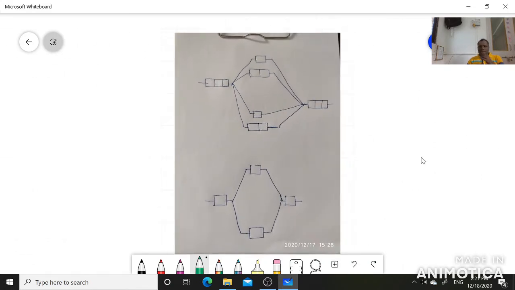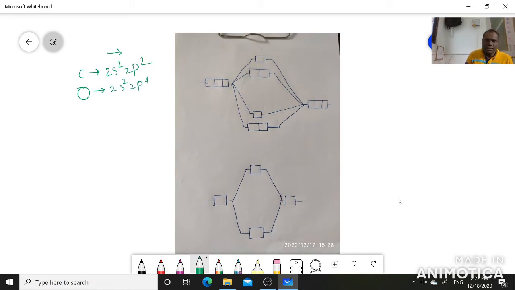The diagram is a little bit different from that of the nitric oxide molecule. So a total of 4 electrons from the carbon, that is 2s2 and 2p2, and a total of 6 electrons from the oxygen, that is 2s2 and 2p4.